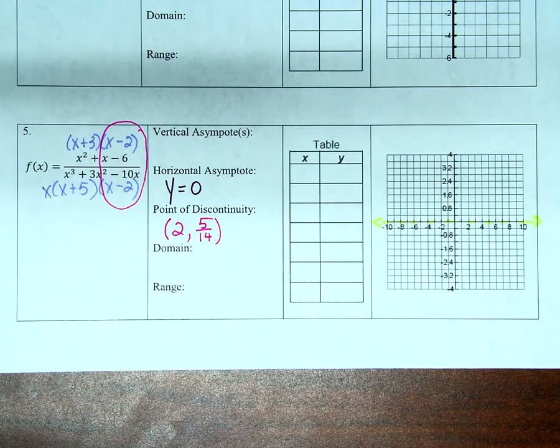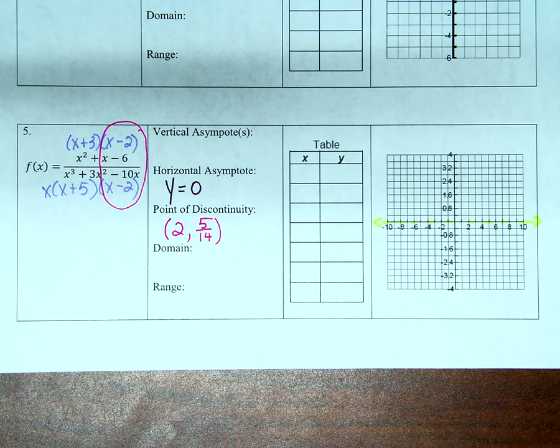That's my point of discontinuity. It's not a half. It's a little bit less than a half, right? Okay. What else can I know now? What else can I know?